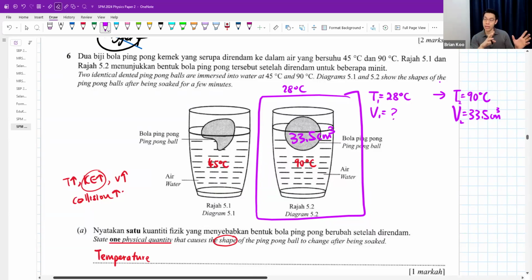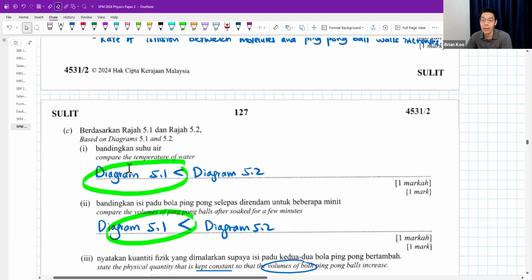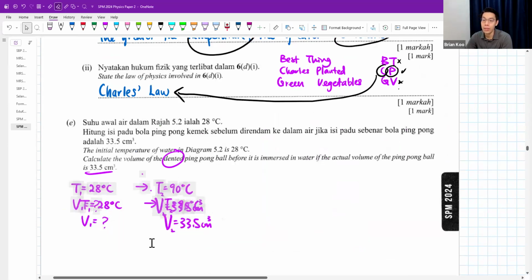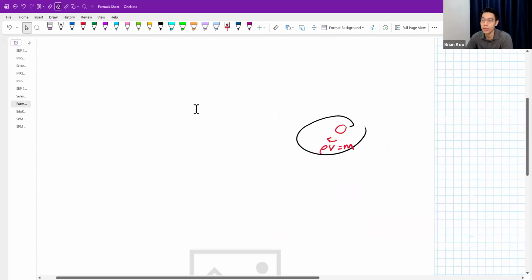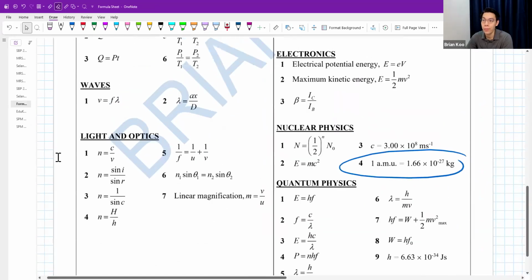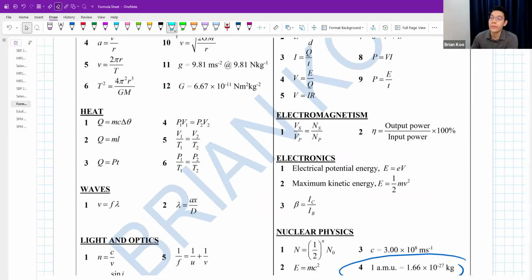So from 28 degrees Celsius to 90 degrees Celsius. The actual volume is 33.5. I want the dented volume. Ignore diagram 5.1. Okay, so this is what we are dealing with. Let me put it down here. And the formula you don't need to worry about because it is given. You just need to know which one to use. Volume and temperature. Okay, SPM will give it.